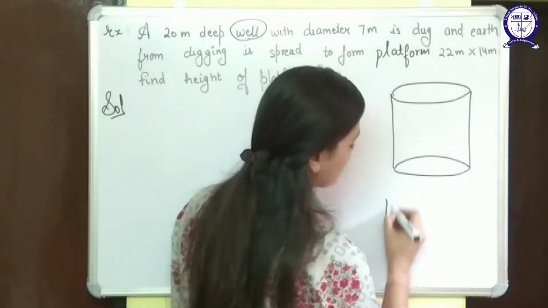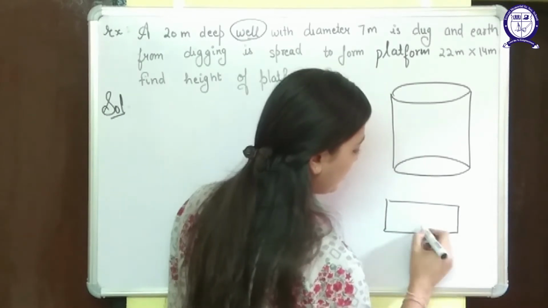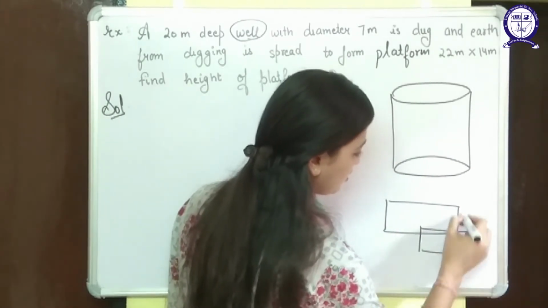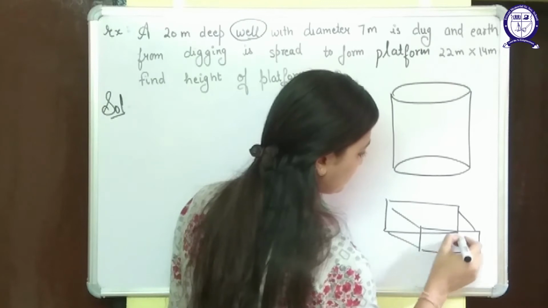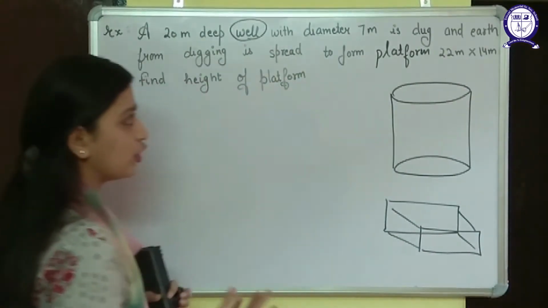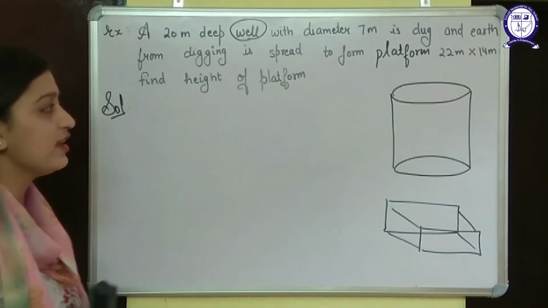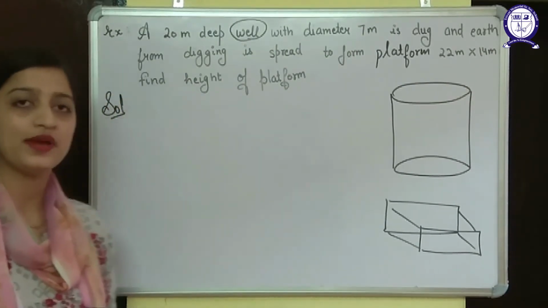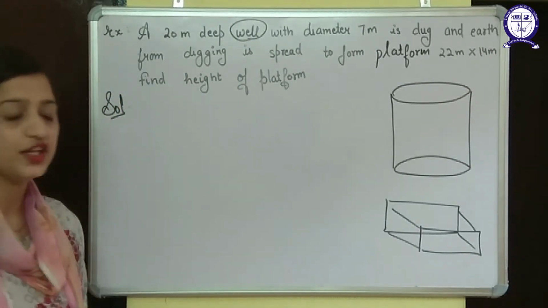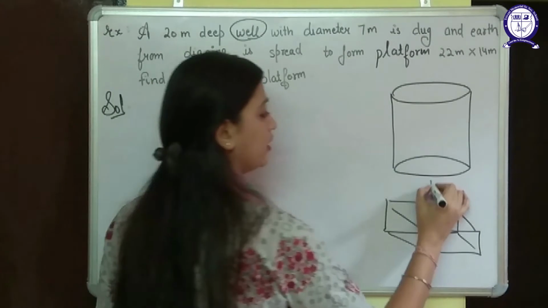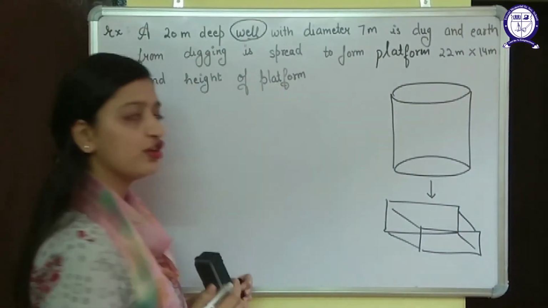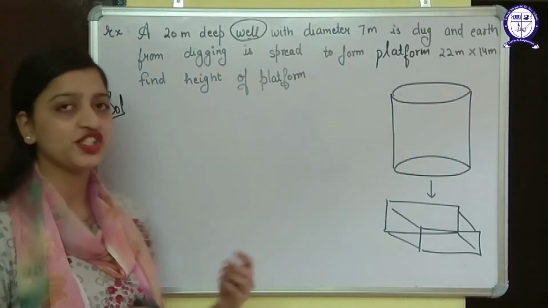Okay, so this is my cuboid. So by looking at the question, you can see that a cylindrical shape is converted into a cuboid. So again, this is the question of conversion, changing the shape.